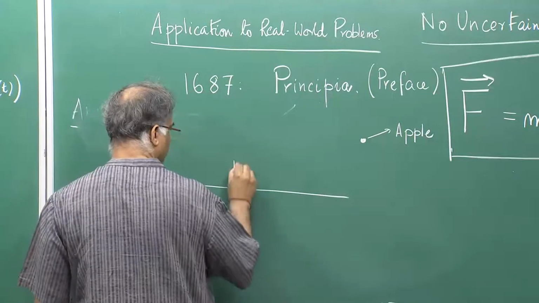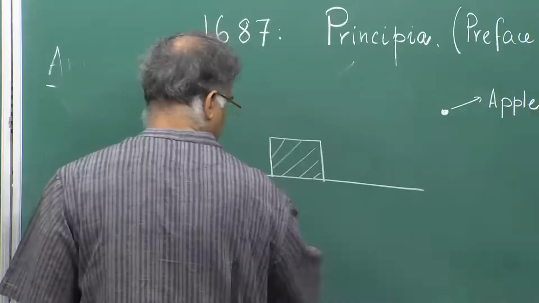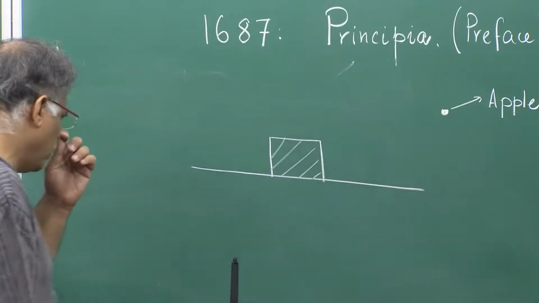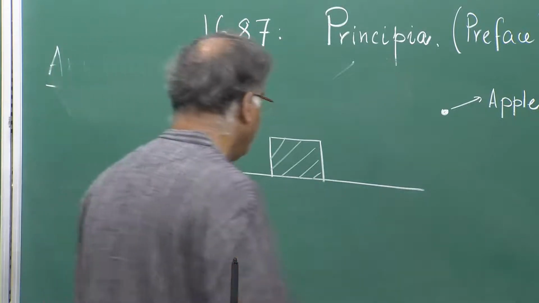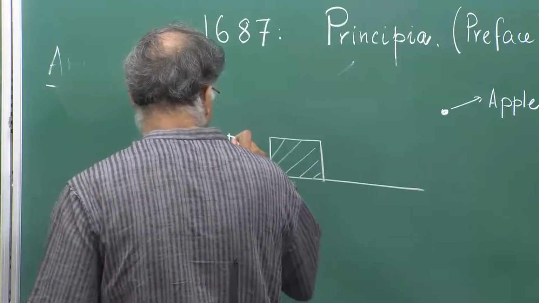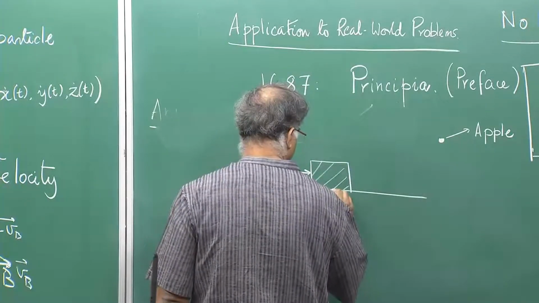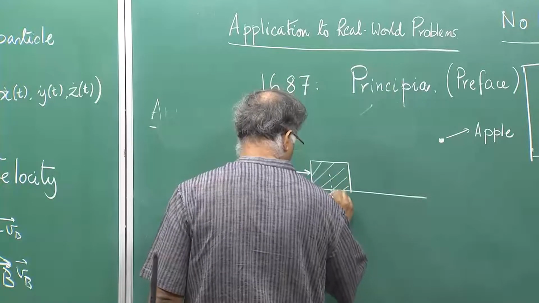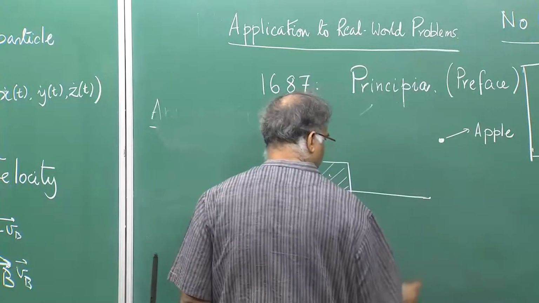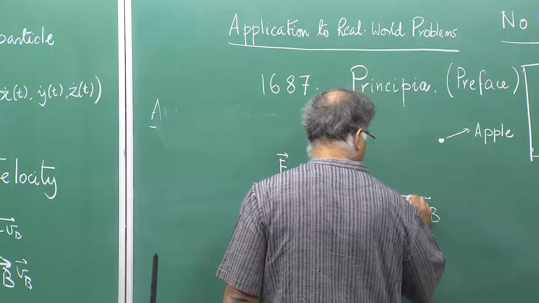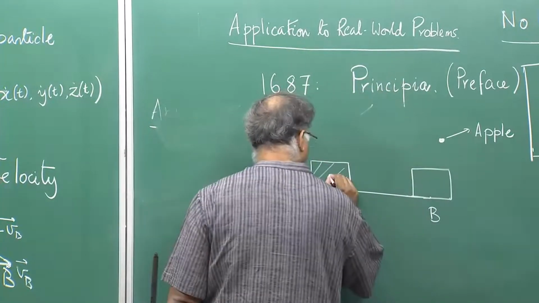So, there is a block of wood here, and this is a very smooth table. I am ignoring the frictional force that there will be, but I am giving a force F, pushing it, starting from where the center of mass is, say the point A, and moving the body finally to point B, that is, the center of mass comes to the point B. I am not getting into the discussion of center of mass.